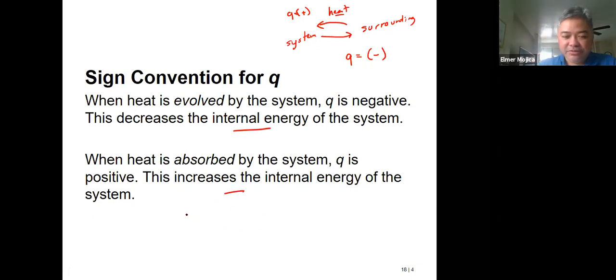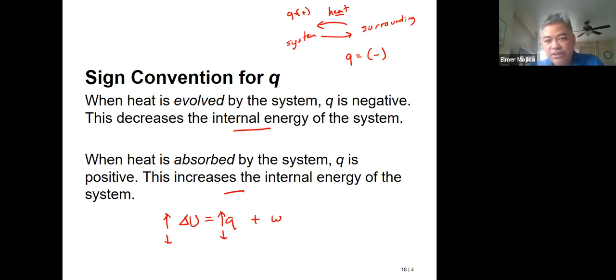It makes sense because of this formula: if this becomes positive, this goes up; if this becomes negative, this goes down. Those are the type of multiple choice questions that you're going to be asked.